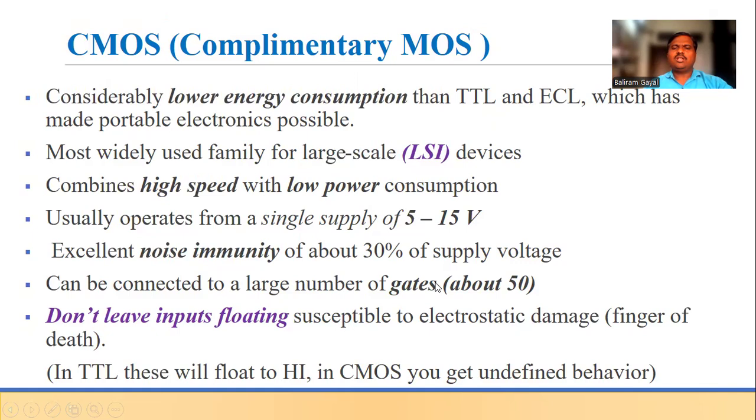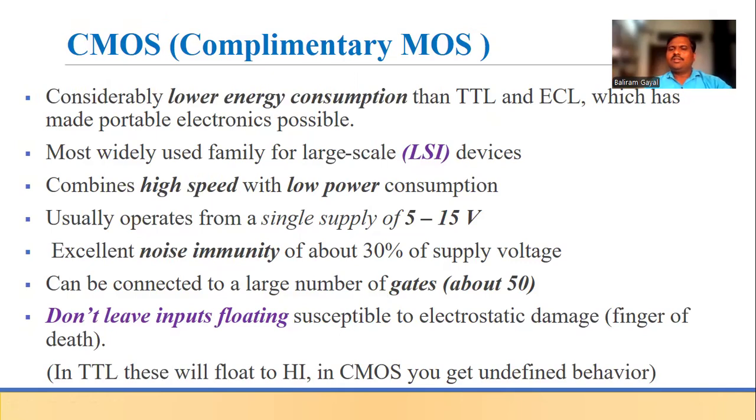Excellent noise immunity of about 30% of supply voltage, and can be connected to a large number of gates, about 50. Don't leave inputs floating, as it is susceptible to electrostatic damage. In TTL, a floating input will float to a high level; in CMOS, you get undefined behavior.